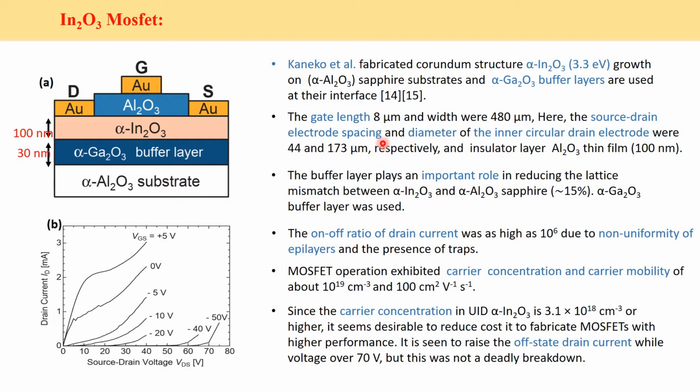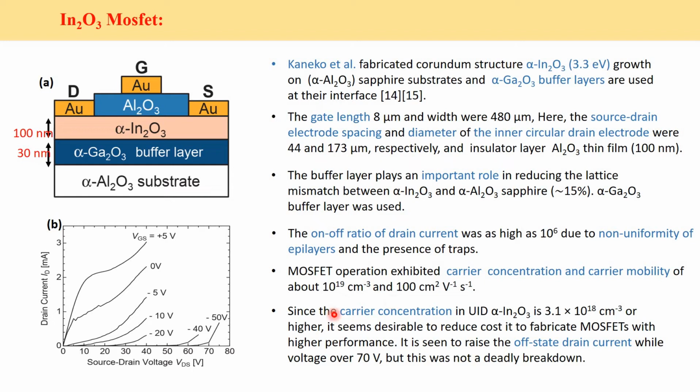So the gate length is 8 micrometer and the width is 480 micrometer, and the alpha gallium oxide insulator thin film is 100 nanometer. Here the on-off ratio of drain current is 10 to the power 6, which is still low, because of defects at the interface and the presence of traps. The resulting carrier concentration and carrier mobility are 10 to the power 19 and 100.